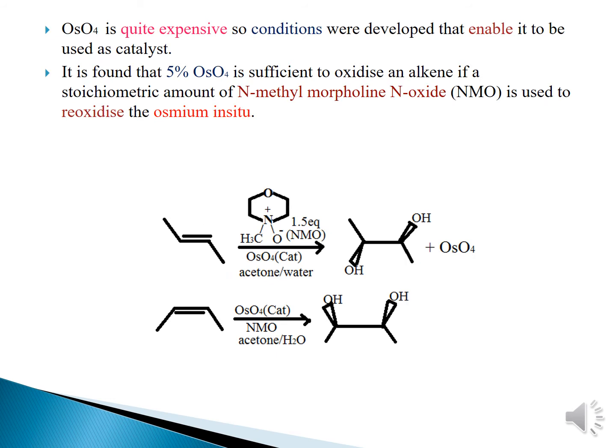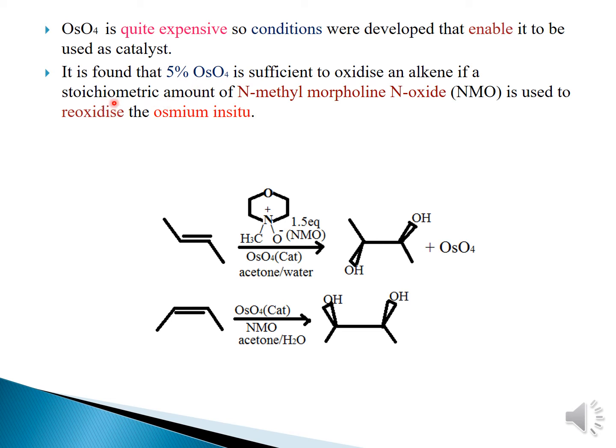And then moving on to next, this osmium tetroxide is quite expensive. So we have to enable certain conditions, because it is very expensive. Okay, so here what we are doing is we are taking only 5% of osmium tetroxide, which is sufficient for oxidizing the alkene.